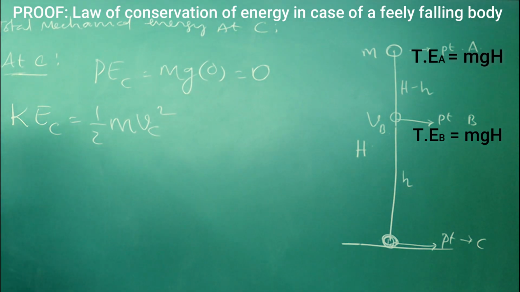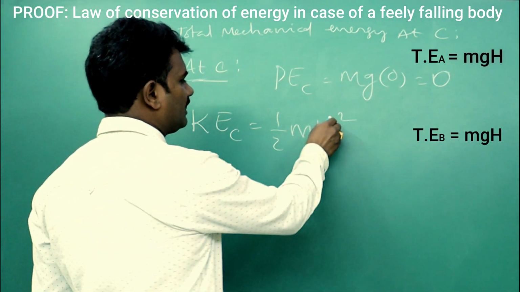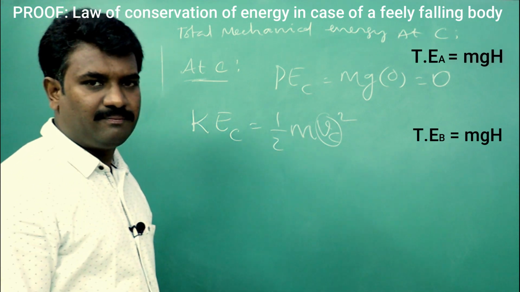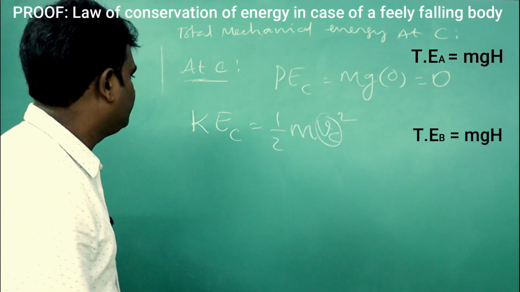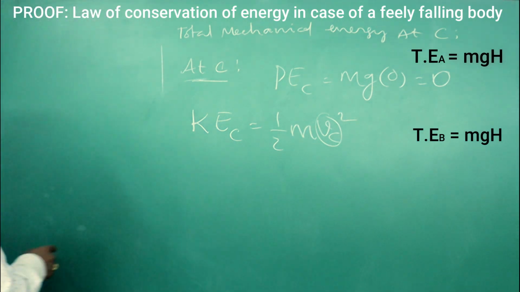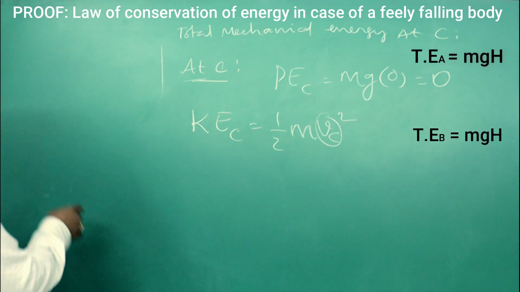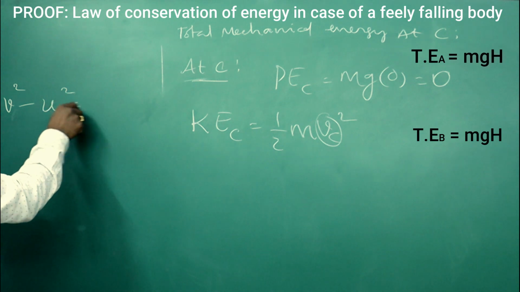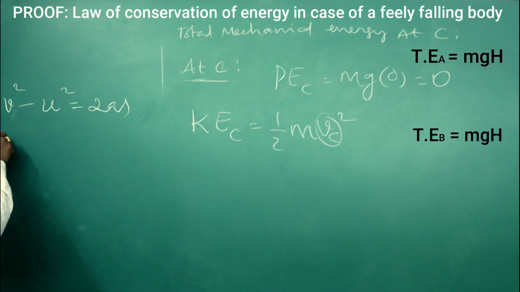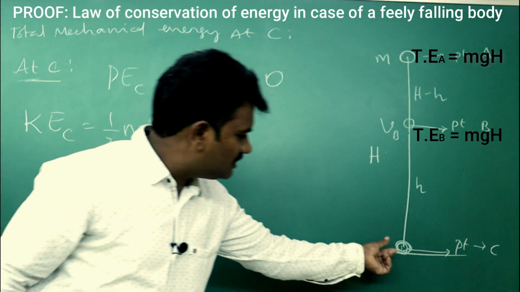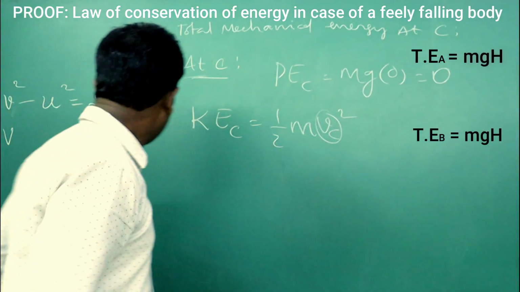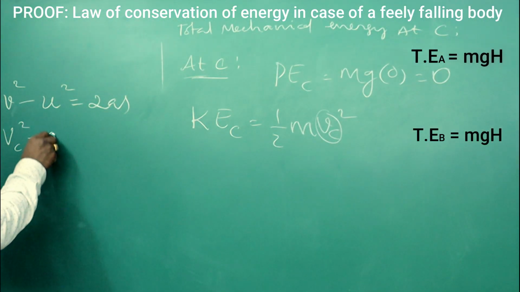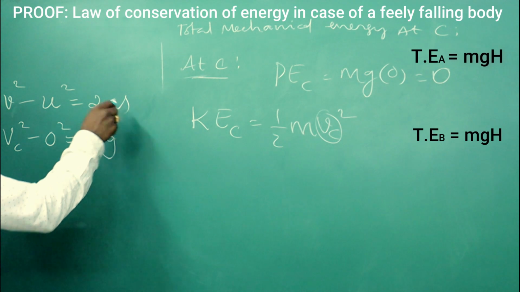It is equal to half m Vc square. So our target is to find the Vc value, same as before, by using the third equation. V square minus U square is equal to 2as. V means velocity just before touching the ground, so v square minus 0 square equal to 2g into s, where s means displacement.